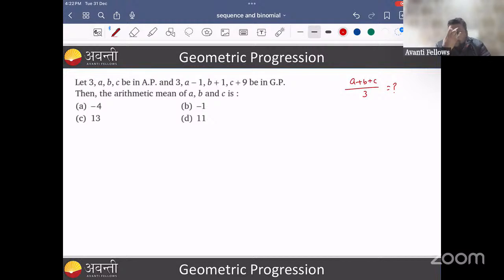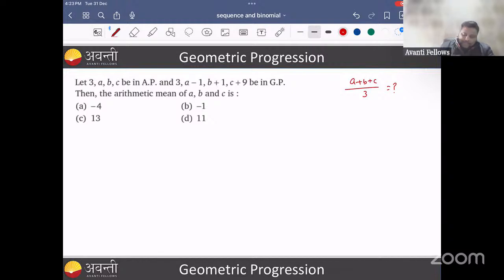This question is also from JEE Mains 2023. Anybody quickly?